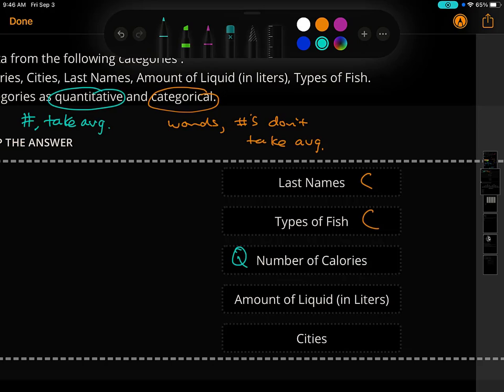Amount of liquid measured in liters, so you spill your water bottle. I had 20 liters in there, or 6 liters. That would be quantitative. And cities, Anaheim, Fullerton, Long Beach, Los Angeles, those are words, so that would be categorical.